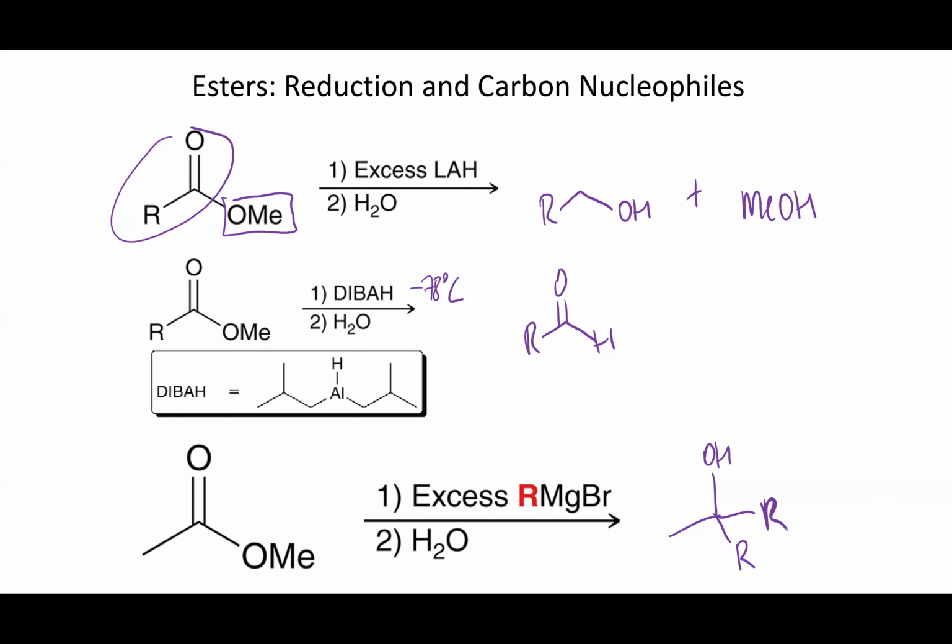The mechanism shown in your book, I'm not going to repeat it here because it's the same mechanism as we saw with the acid chloride, only instead of the chloride leaving, we have the alkoxy group leaving. Okay, so that finishes those two sections.